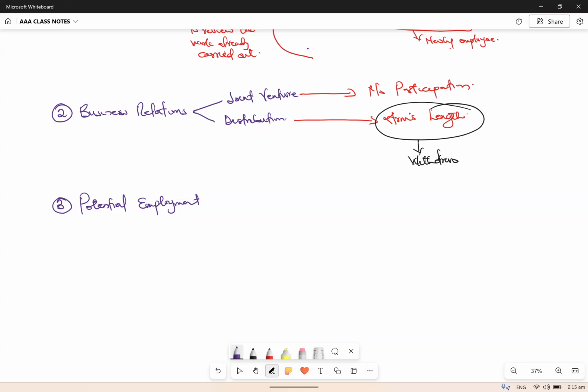So the principle is this: if such a situation happens, you, the officer, are supposed to notify your boss, notify the partner. And once you notify the partner, they are to remove you from the engagement team.